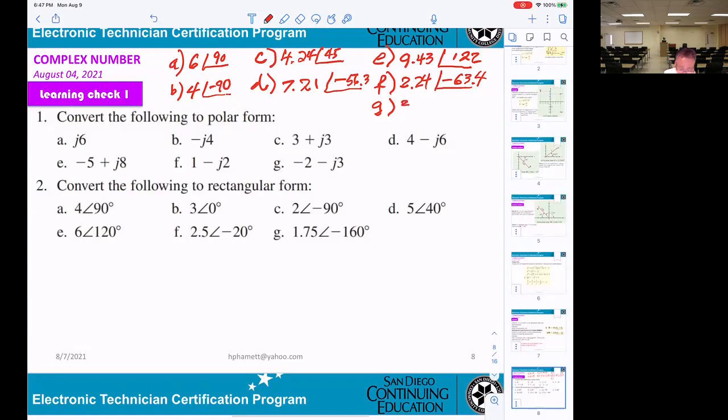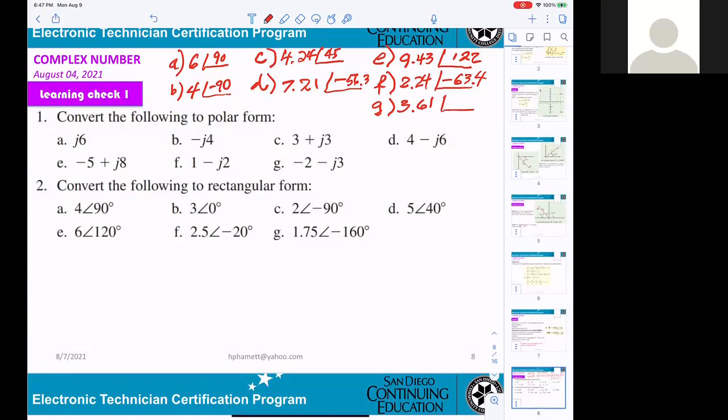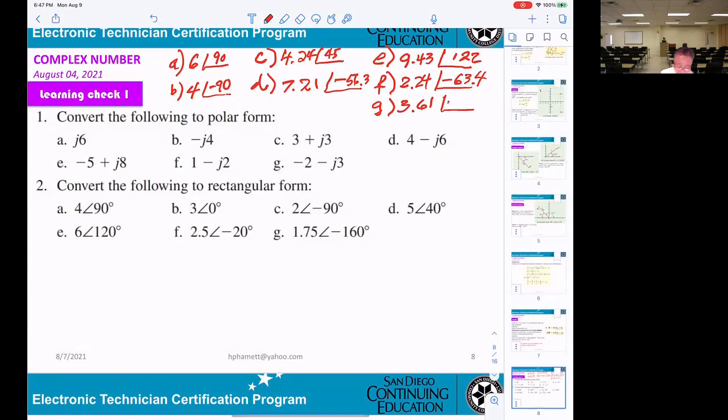But the angle, minus 123.7. Perfect. That is the correct answer.